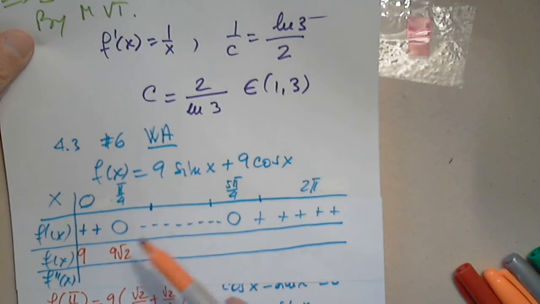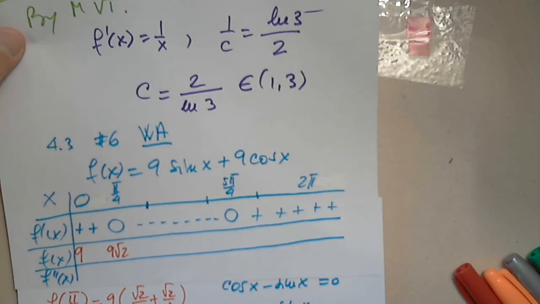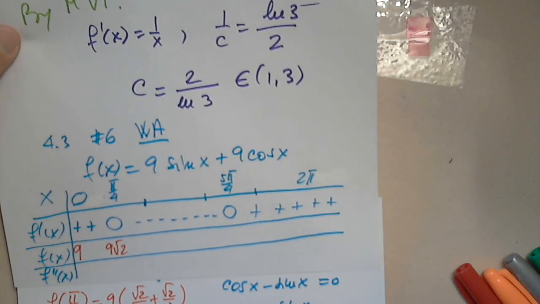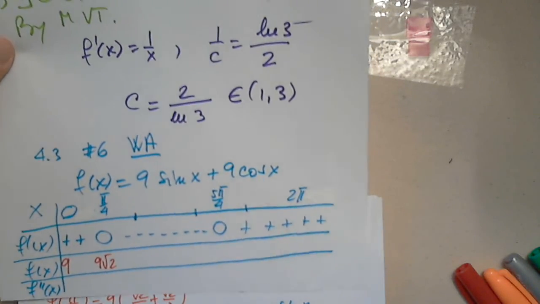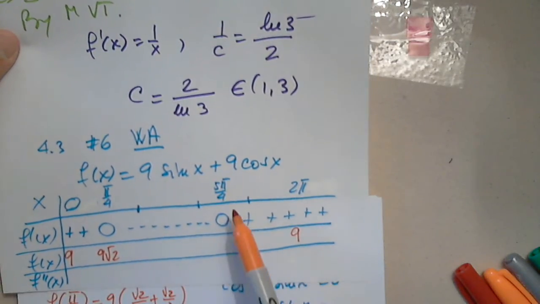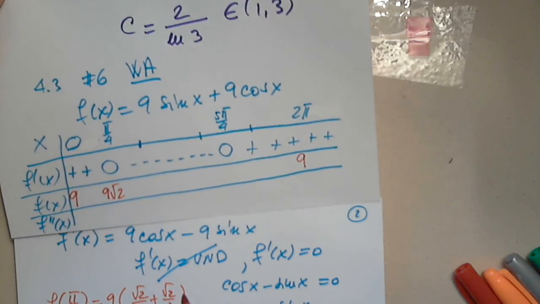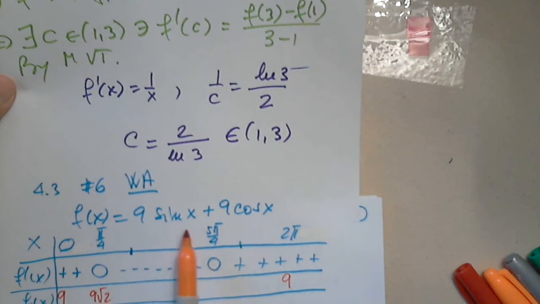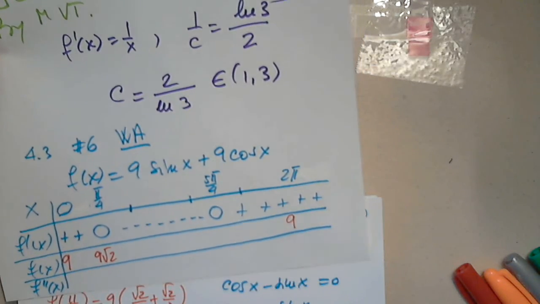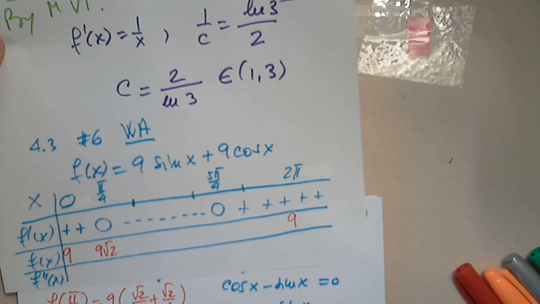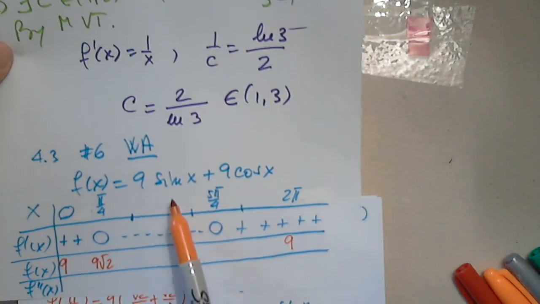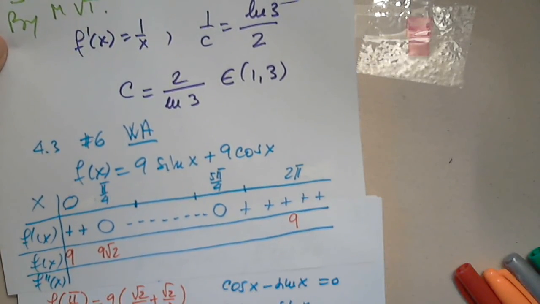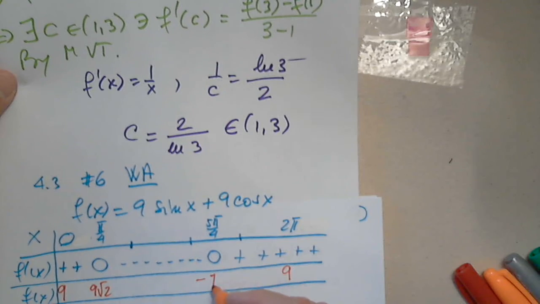I didn't approximate, I don't know how they want the answer, but you can approximate if they say you can. Okay, obviously at 2 pi it is still 9, and now at 5 pi over 4, they're both negative, so it has to be the same number but negative, because I'll have negative the square root of 2 minus the square root of 2, and this is negative 9 the square root of 2.